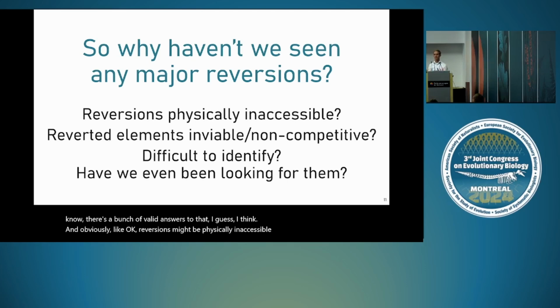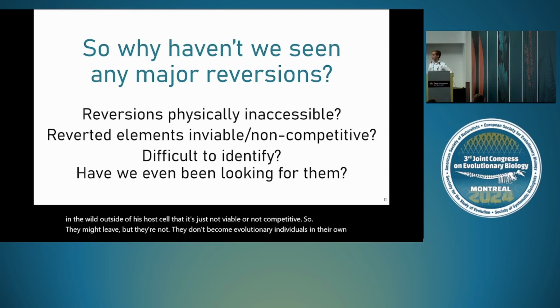So we can think about, for example, a mitochondria might not be able to abandon its host cell. It might not be able to live freely on its own anymore. Or maybe it can, but it's just so rubbish at performing in the wild outside of its host cell that it's just not viable or not competitive. So they might leave, but they don't become evolutionary individuals in their own right.